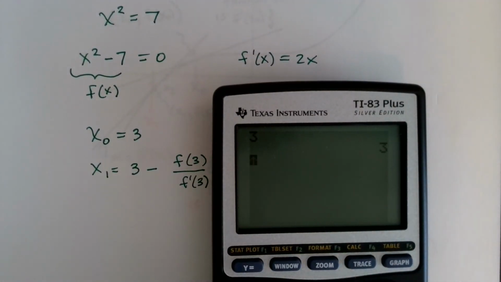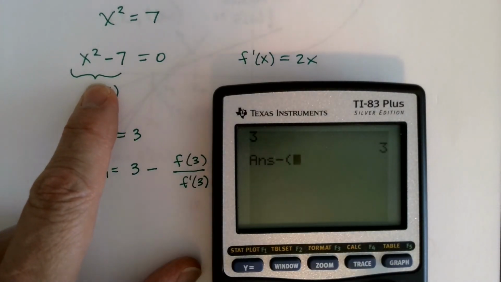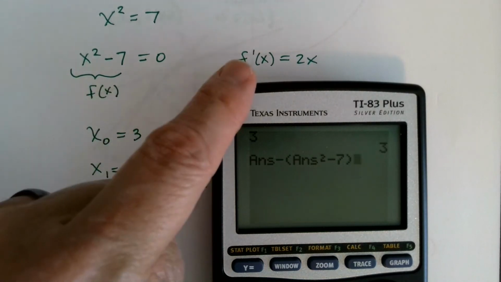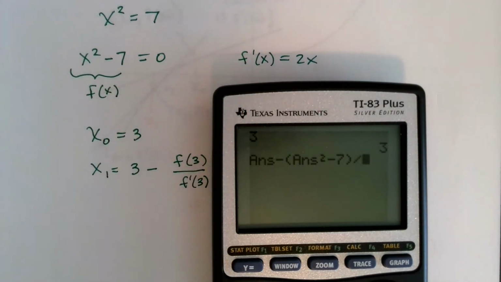So I'm going to have answer minus, in parentheses, what's f of 3? That's just answer squared minus 7. That's the numerator, right? And the denominator is 2 times the answer, so divided by, in parentheses, 2 times the answer. Make sure you put those numerators and denominators in parentheses, otherwise you'll possibly incorrectly do something there.